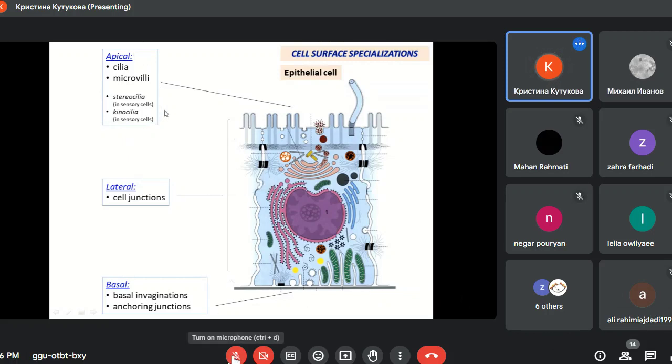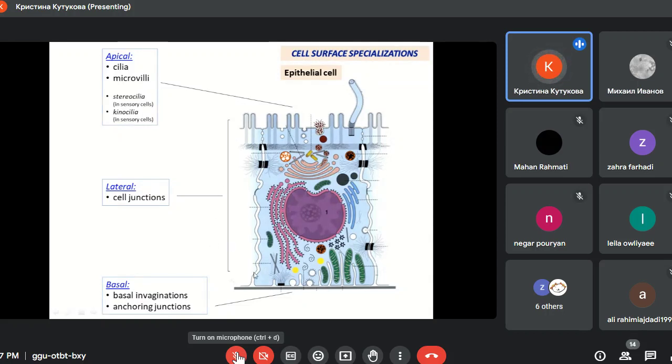It means that the presence of some specific cell surface specialization depends on the function of a cell. Some cells may have only cilia upon their apical surface, while other cells have only microvilli upon their apical surface, or maybe a cell has no cell surface specializations. So it depends on functions of a cell.